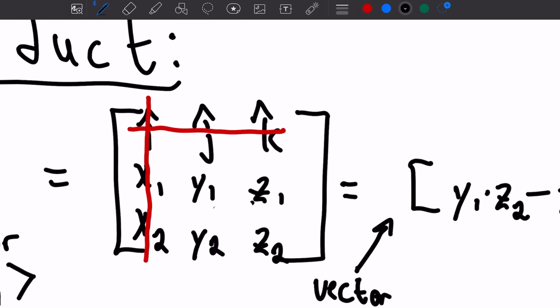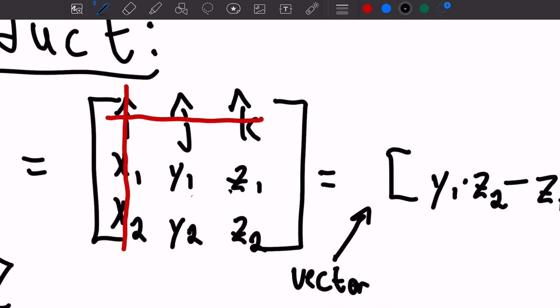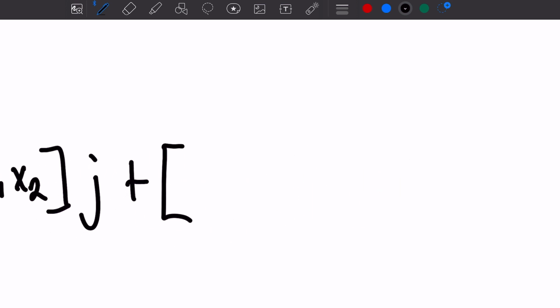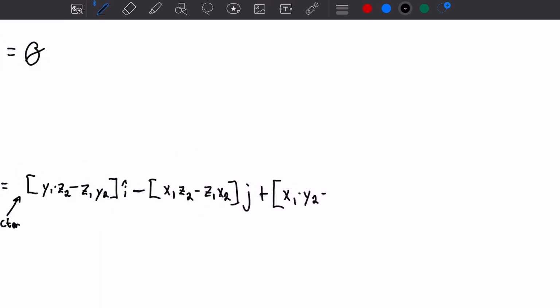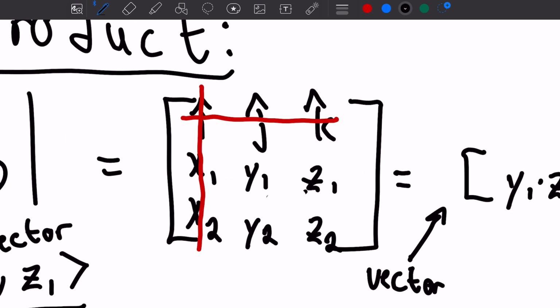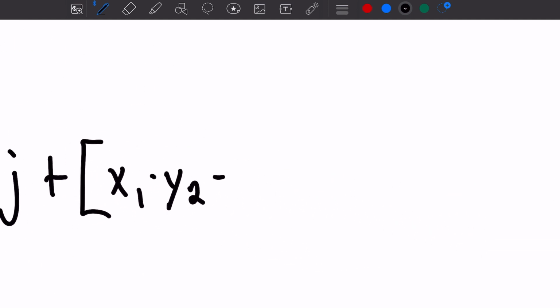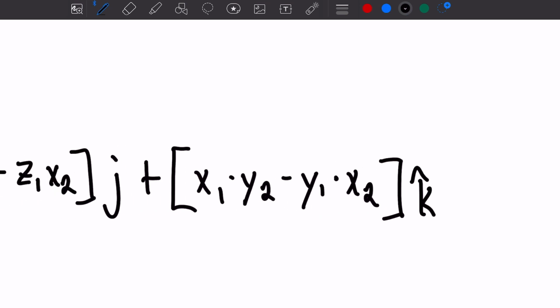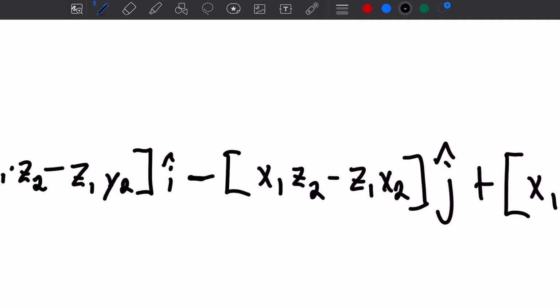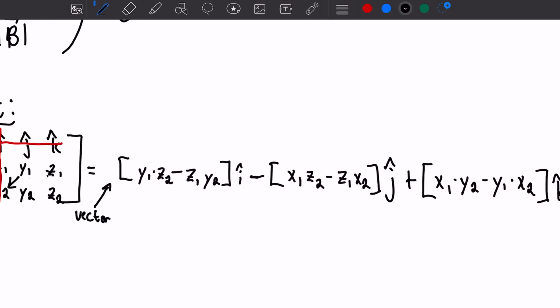And again, we'll just act like the k column doesn't exist, and we will be multiplying x1 times y2, and that's going to be minus y1 times x2. And that'll be k. Oh, can't forget to add the little toppers to each of those. Perfect. And then that'll be your general formula.